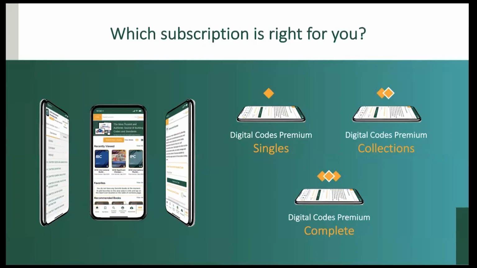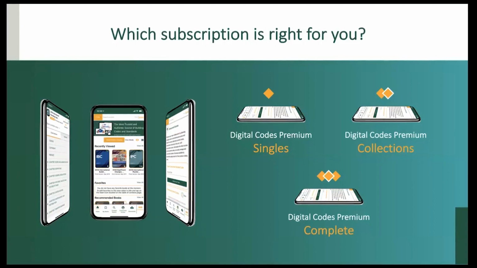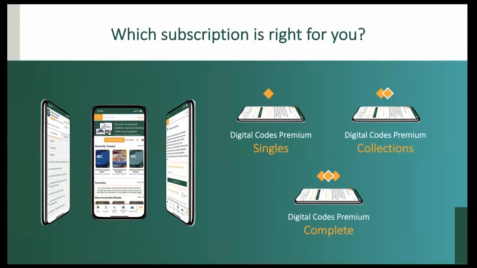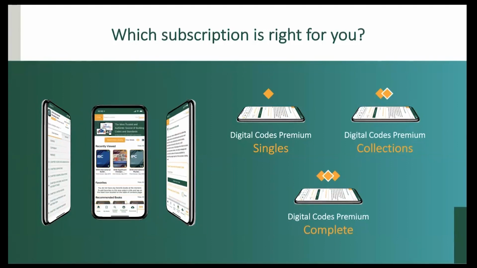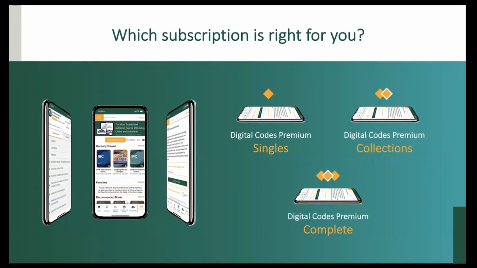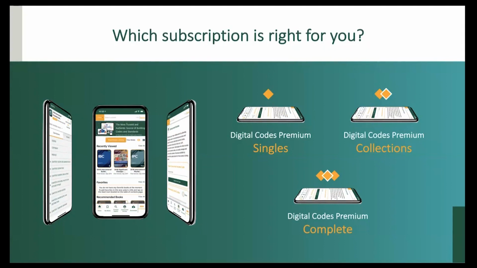There are different types of subscriptions that you can have for the licenses. Once again, Digital Codes Premium, or sometimes we say DCP, refers to the software that offers these extra features and benefits. On Digital Codes Premium, you could get individual single titles, which, for example, would be the International Building Code, or you could get a collection, which, using that same example, would be the I-Codes, which contain the International Building Code.